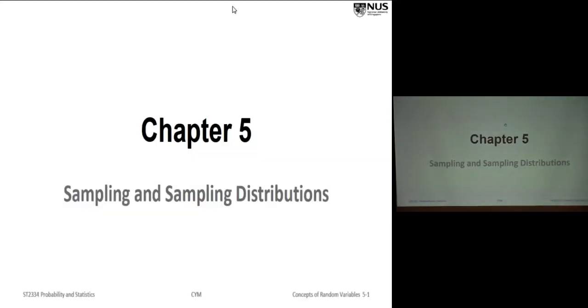We're up to chapter 5, and we'll take a gentle stroll through chapter 5. We have some additional notes I've added today as well, which we will discuss later on.